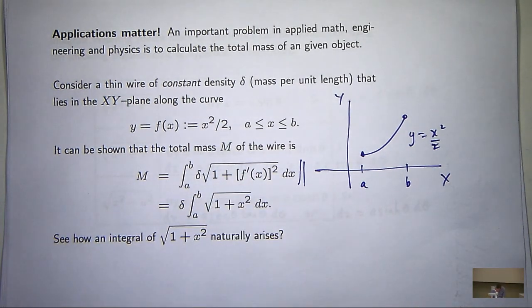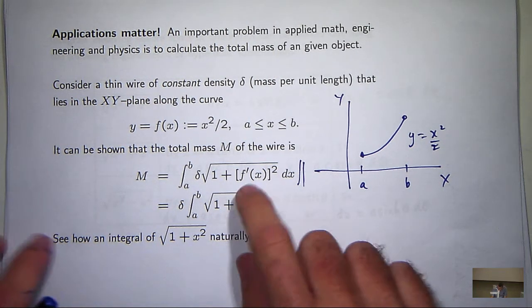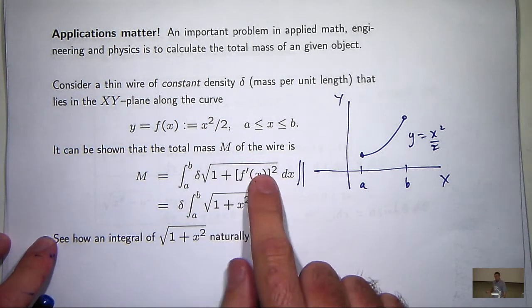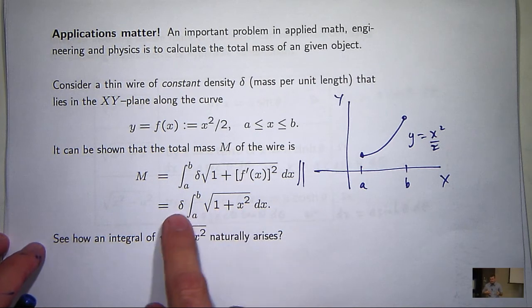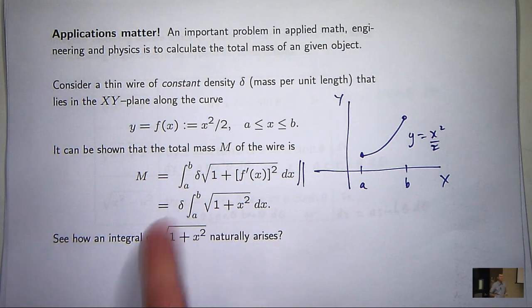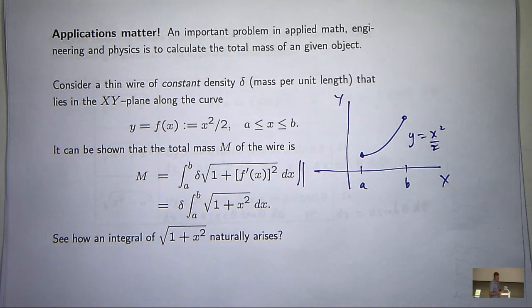So you will see this stuff again. Essentially all you're doing here is differentiating this and squaring it. If I differentiate, I get x, and then I get this square root involving x squared. The density is constant, so I can pull it out the front. So here's an example from physics where you need to be able to integrate these things with square roots. That's one small motivation for this study.